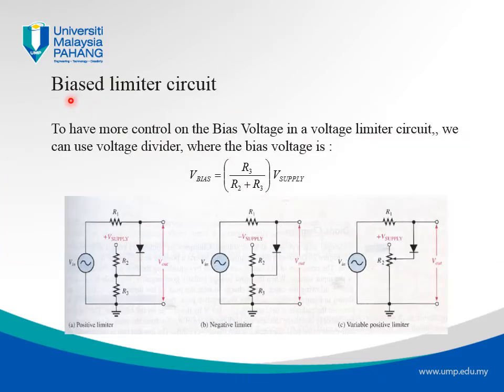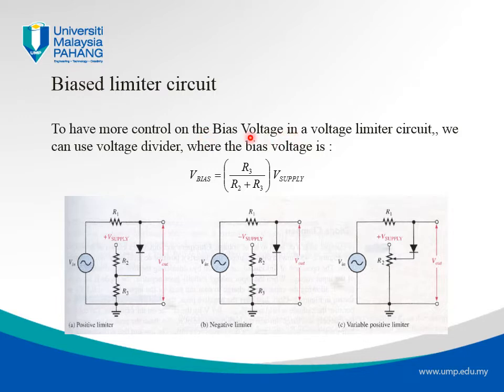So another thing that might be interesting for us to look at in a bias limiter circuit is that if we look into the bias limiter circuit that we've seen in the previous slide, the bias voltage that we have here is basically fixed at V bias. But we might also want the bias voltage to be adjustable, right?